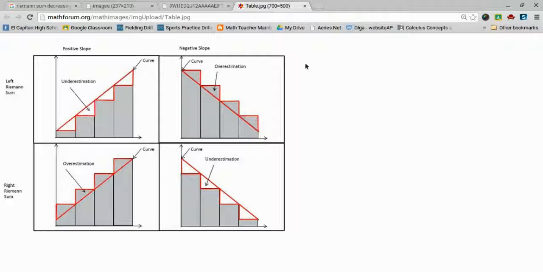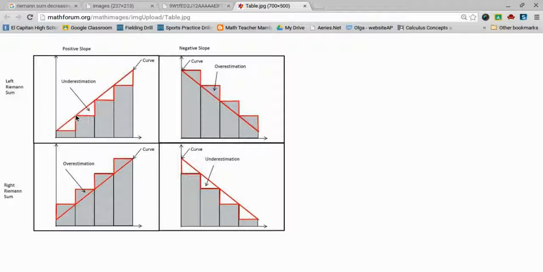So anyways, looking at positive slopes, so for these two boxes right here, if I focus on this upper left hand box, notice that if I'm doing a left hand Riemann sum, my point starts on the left and goes to the right in a rectangle and then comes down to an endpoint.